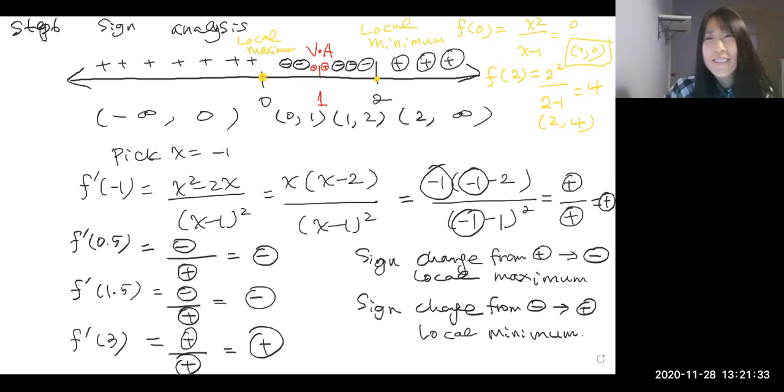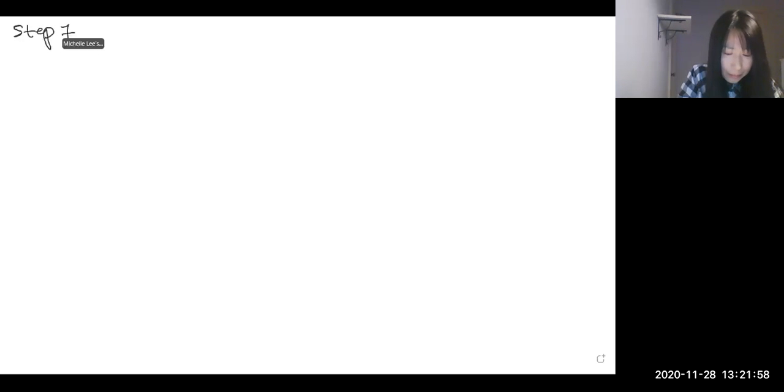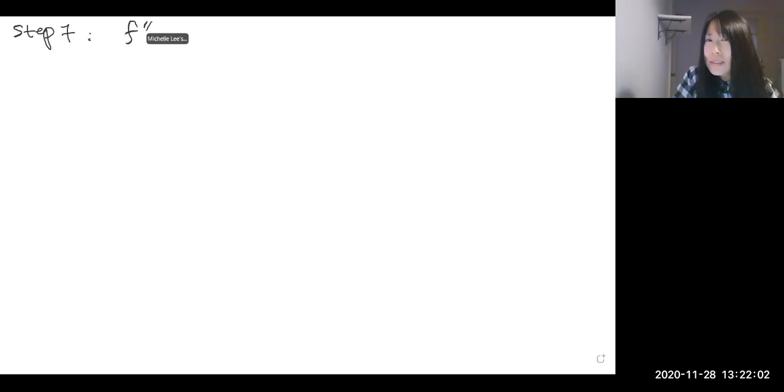Okay, we do the second derivative. It takes a long time, huh? So let us do this. There was step 6, and now step 7. We're going to find the second derivative.